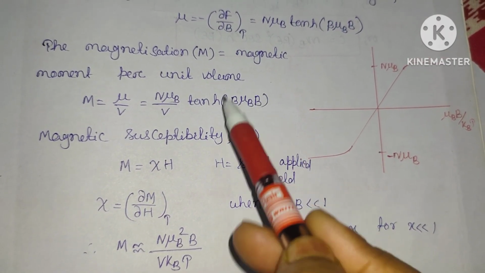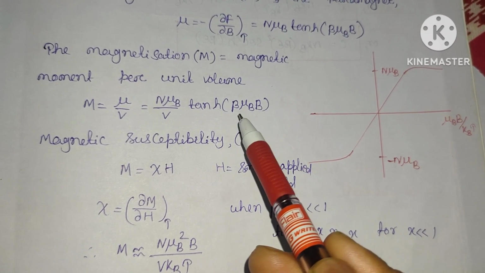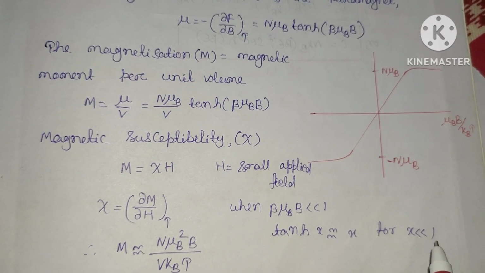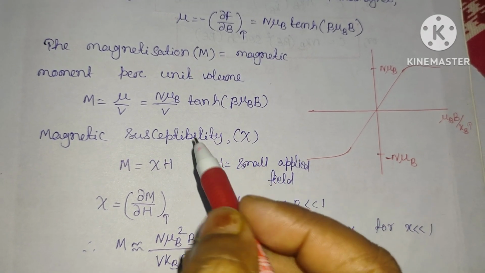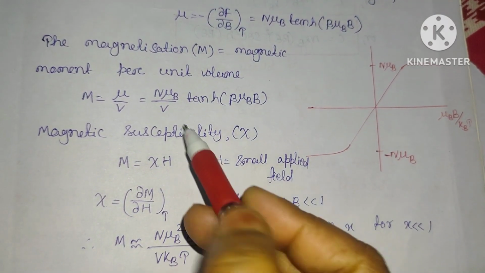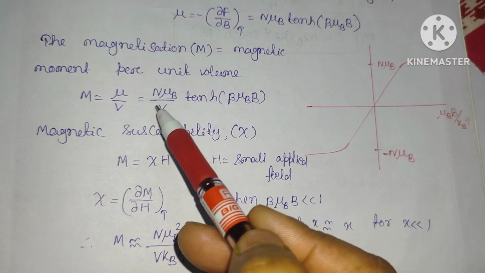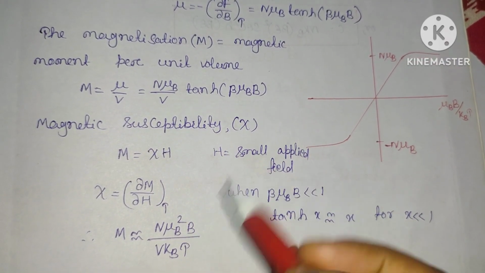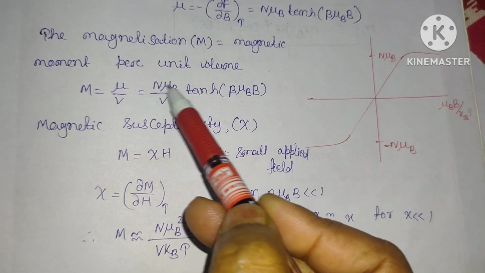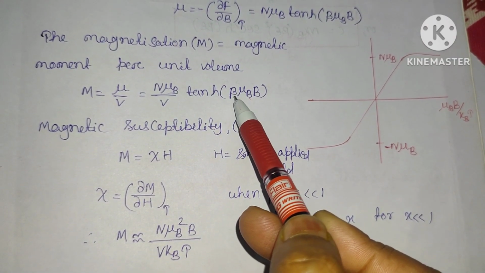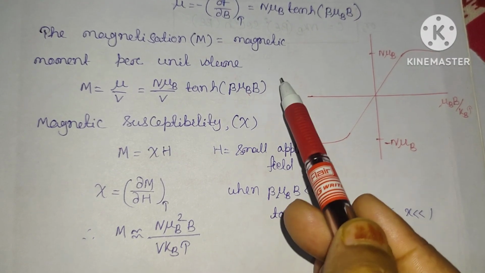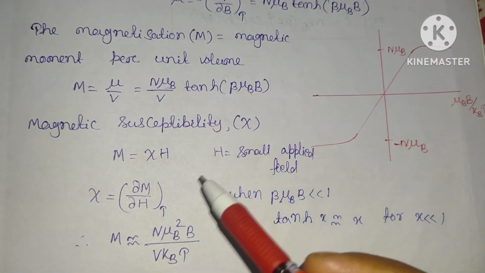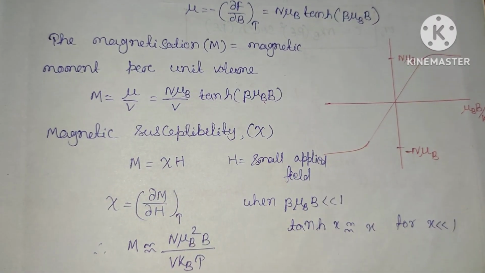If we put βμB equal to x, so this tanh x will be nearly equal to x. For x very less than 1, we can neglect this term, or you can simply put this as x, that is nμB into βμB into B divided by V. So this will become nμB squared, this β is 1/kT, into B divided by this V. Clear? So this will give the magnetization.